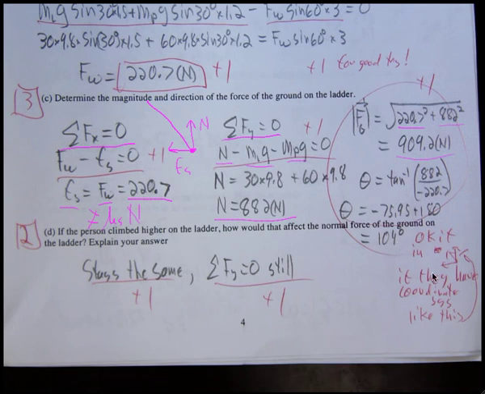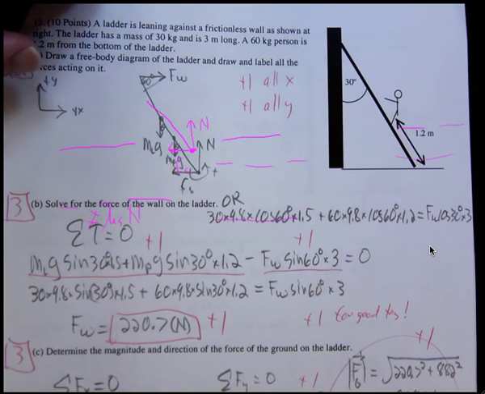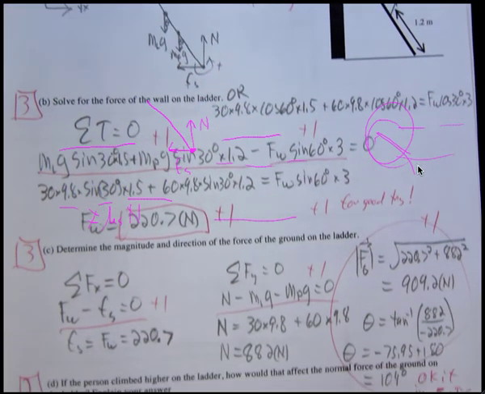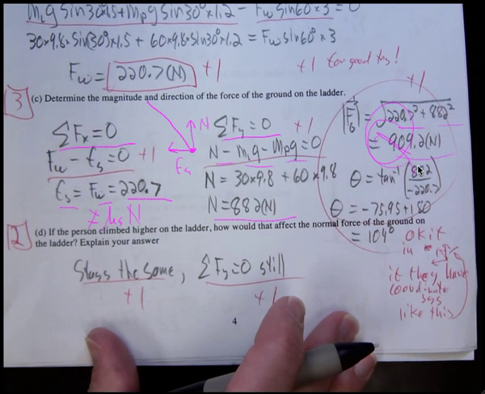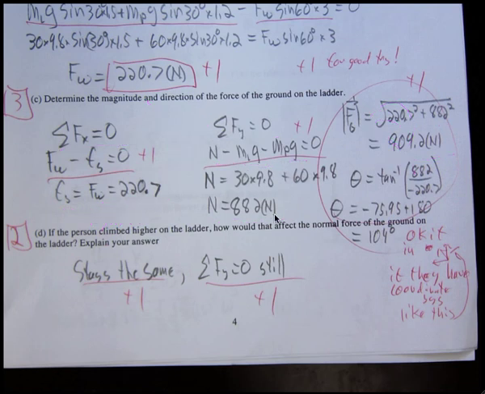You had to be clear about what you meant by your direction. If you're just using a normal coordinate system, then the direction of the ground force is in the second quadrant, somewhere here. And so you had to somehow indicate you knew that, because I do want the direction, not just a number.